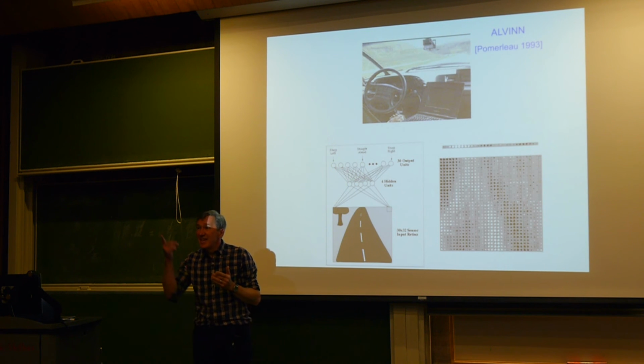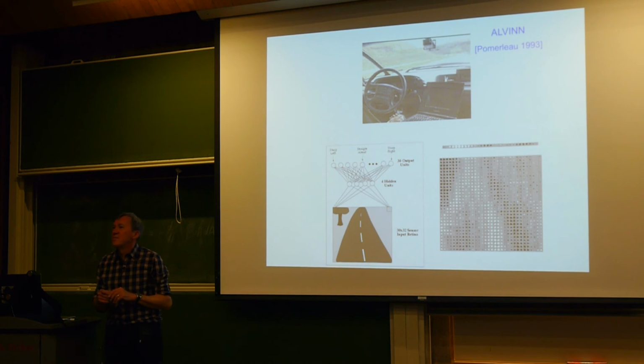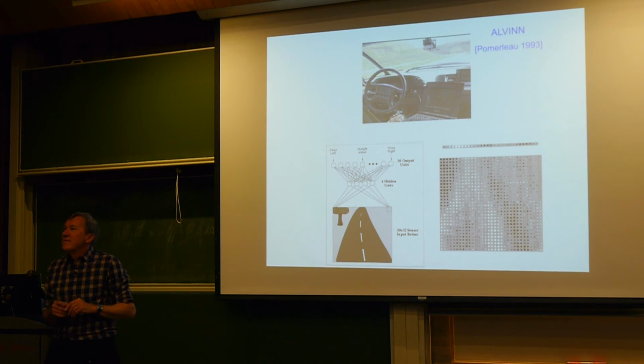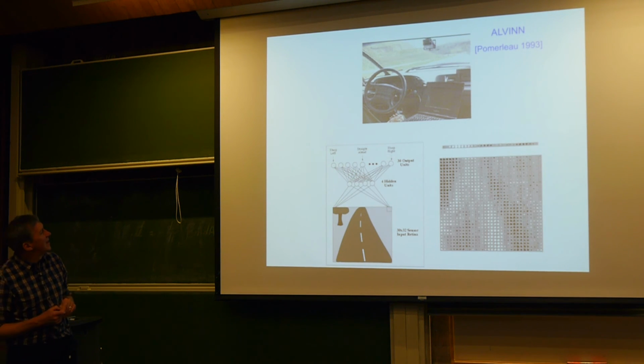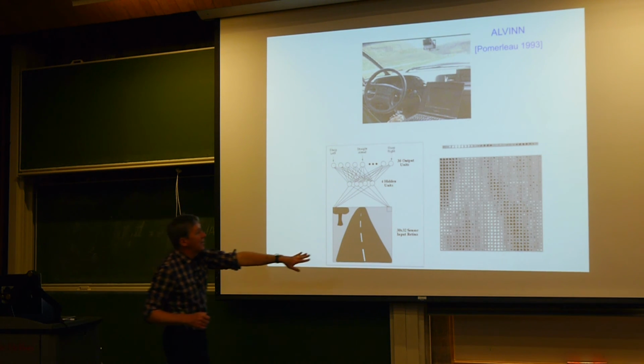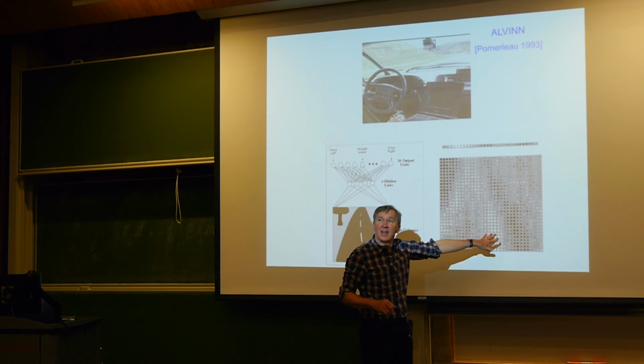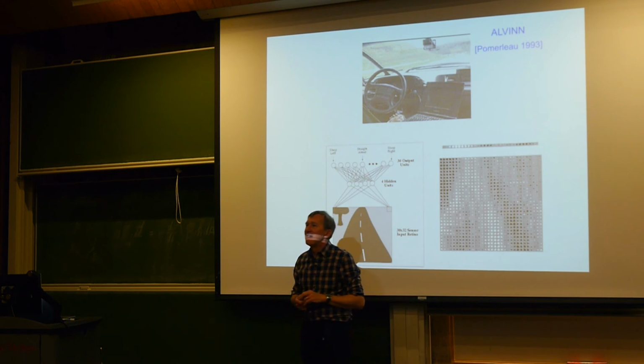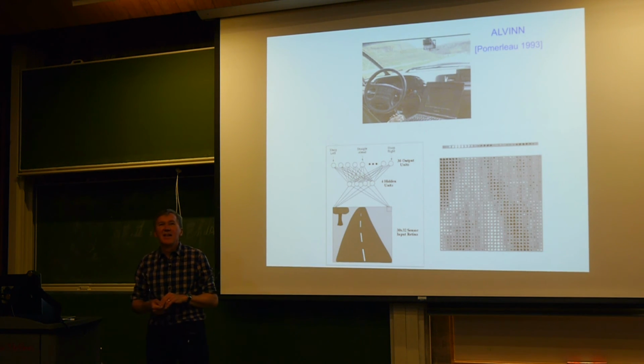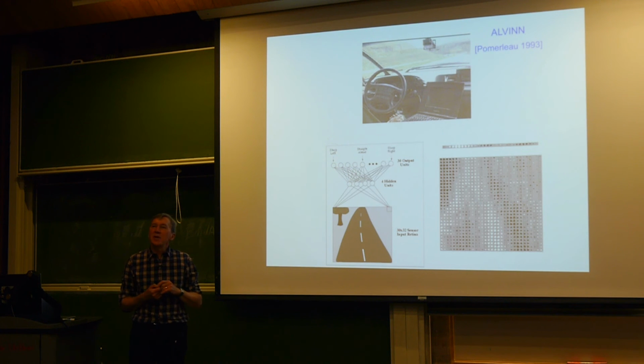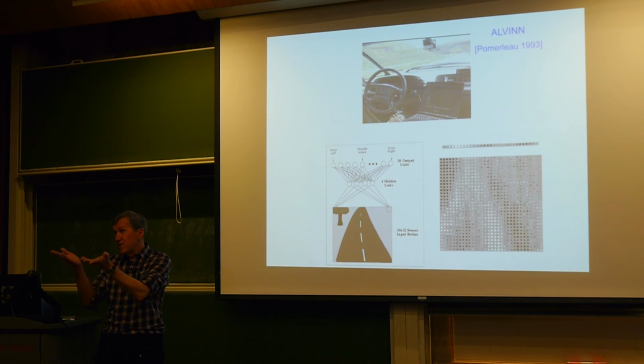Yes? Just a guess, but shouldn't they be symmetric? You think this weight diagram should be symmetric? If the road is straight, should it be symmetric? Well, let's see. What you're trying to learn, I think it should not be.